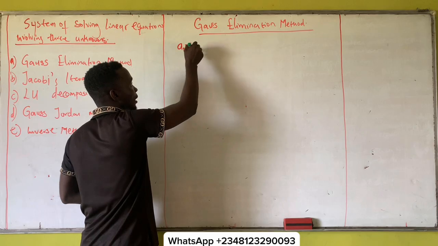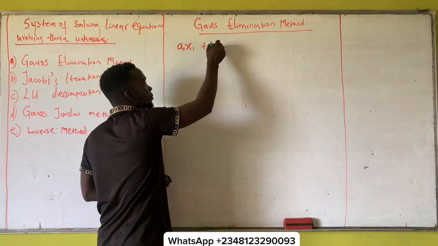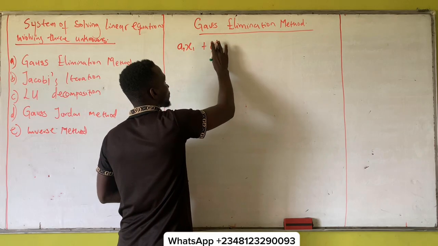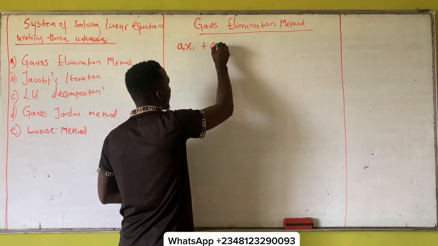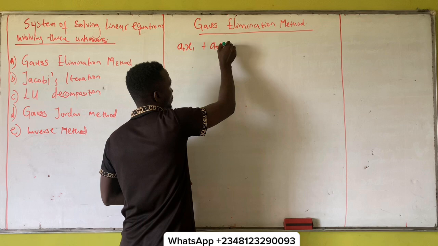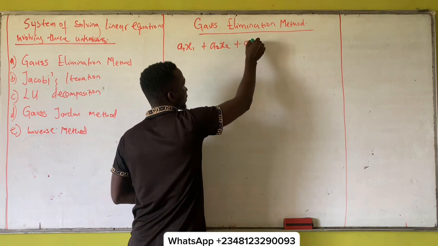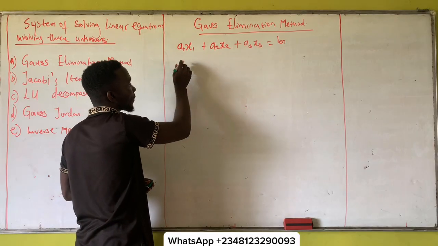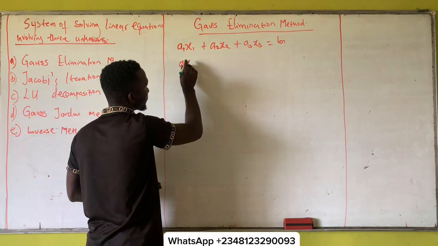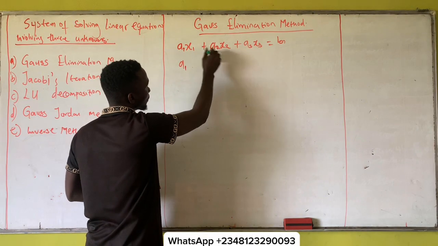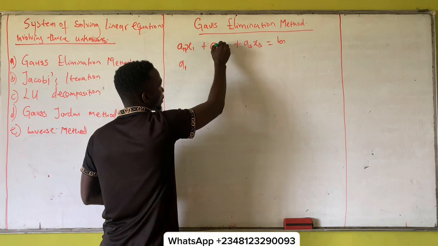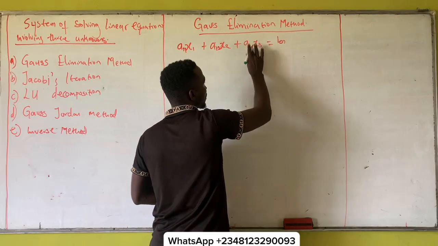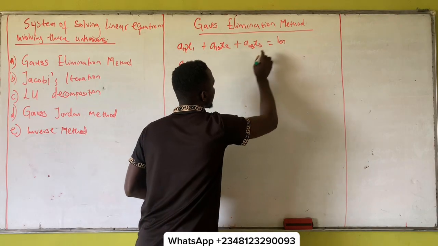A11 x1 plus A12 x2 plus A13 x3 equal to B1. Let's call this A11, this A12, this A13, and this B1.